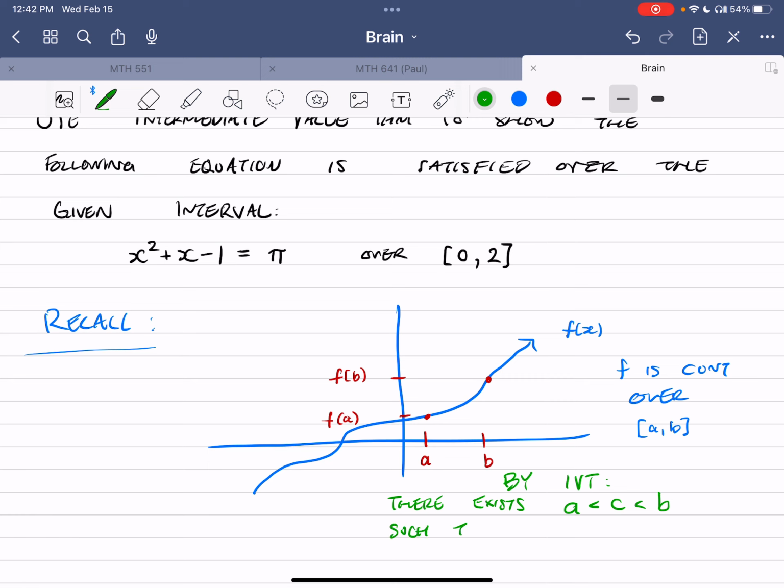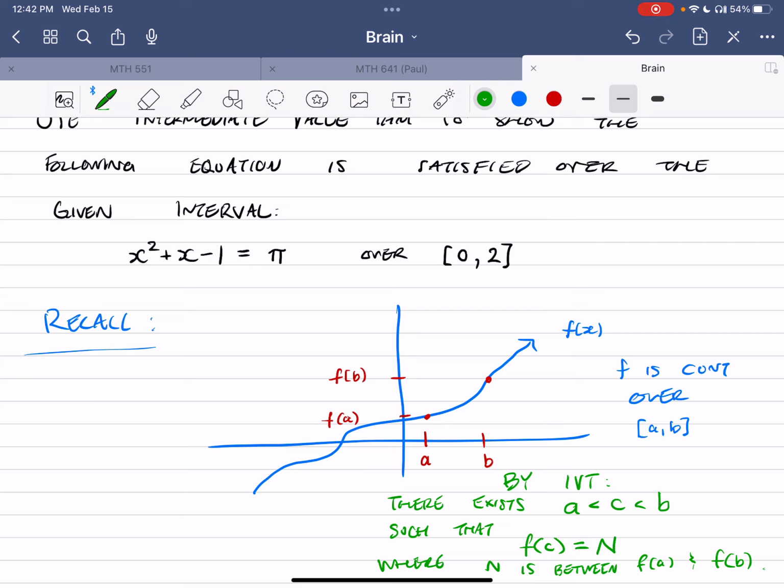such that f of C is equal to any value in between f of A and f of B, n, where n is between f of A and f of B. Okay, so that's the picture in mind.